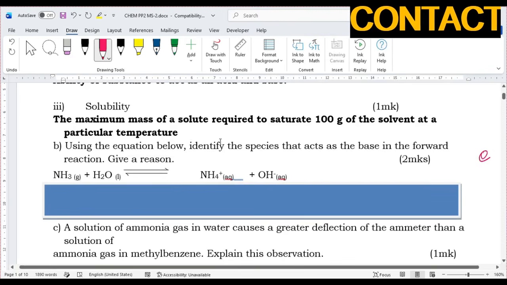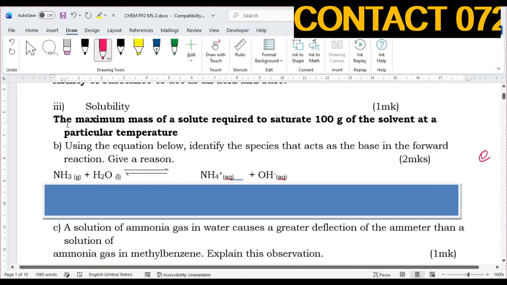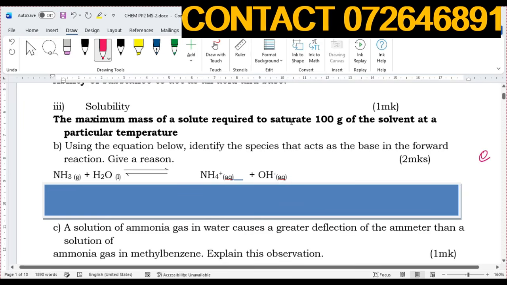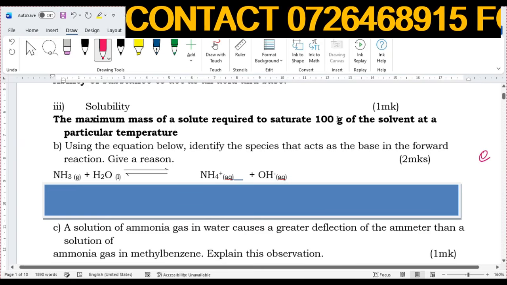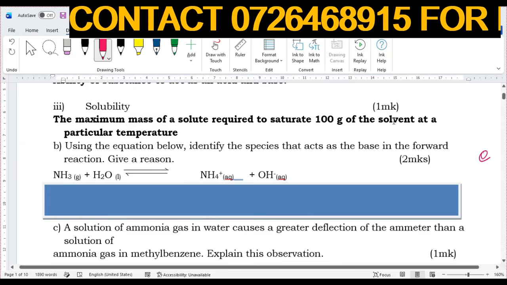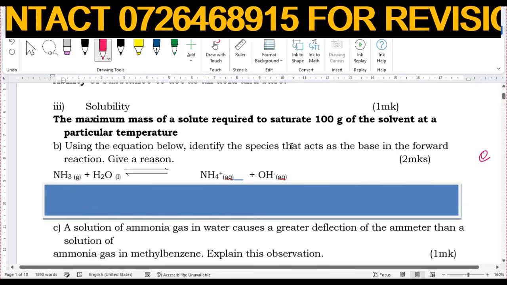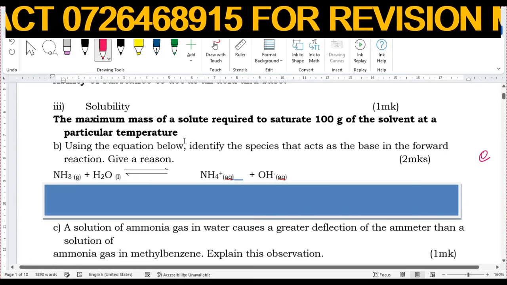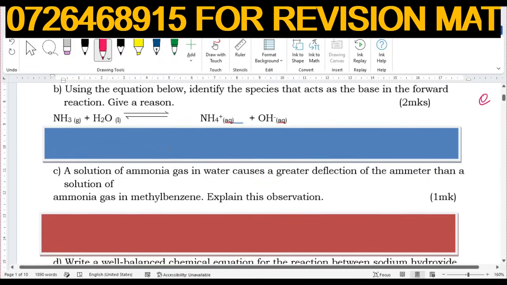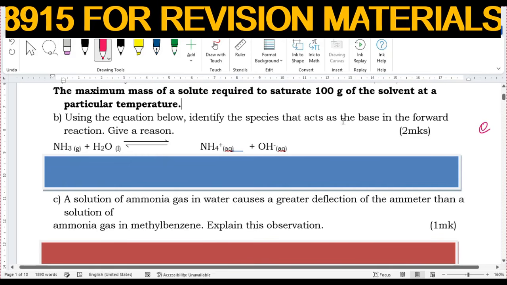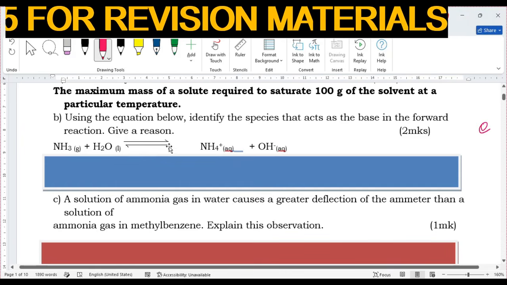So we have talked about that. You need to mention the maximum mass of a solute required to saturate, the keyword is saturate, 100 grams of a solvent. The solvent could be water or another solvent at a particular temperature. Very important to mention.